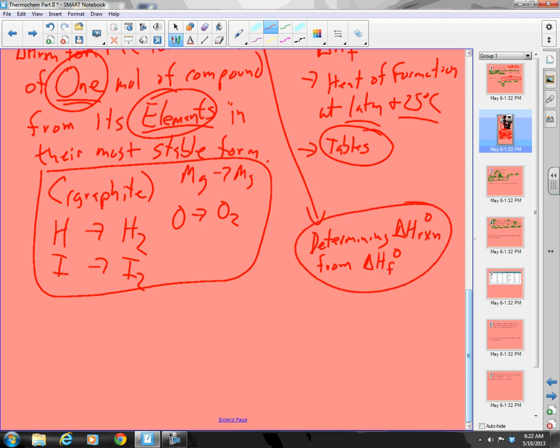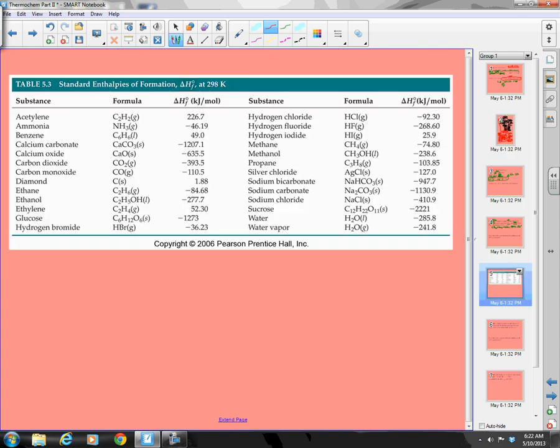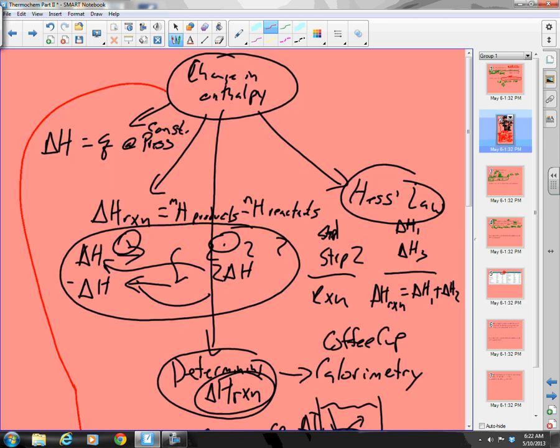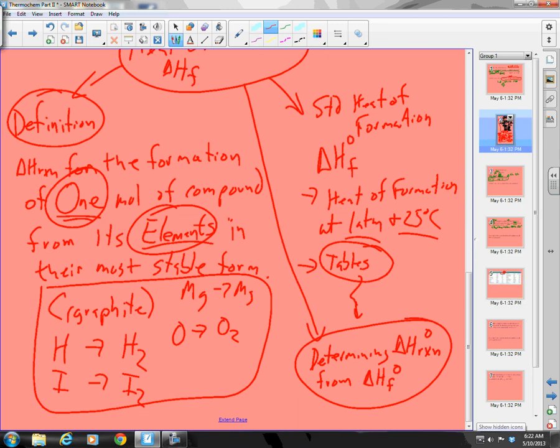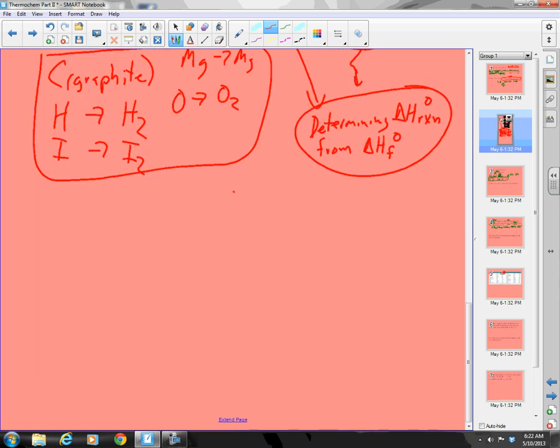Since we have this table here, then, and what's that table look like? It looks like that. Ooh, cool. See, we have a bunch of substances and we have a bunch of heats of formation at 298 K, which is 25 Celsius, right? So we have these tables, and here's the process. It's a really easy process.